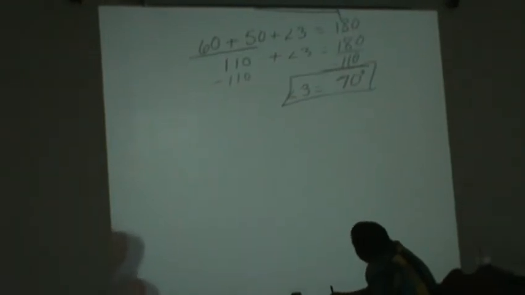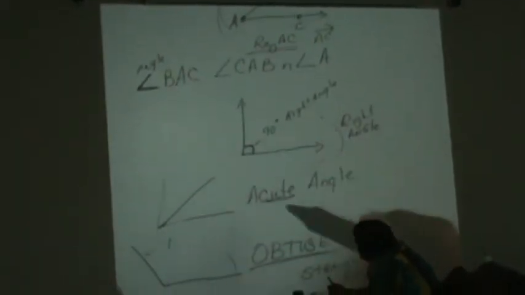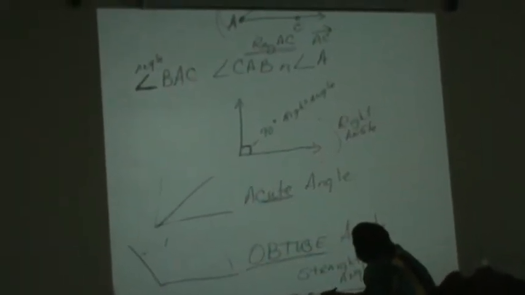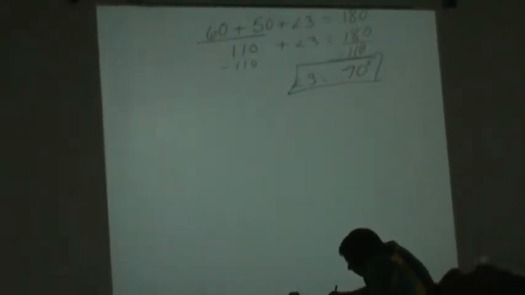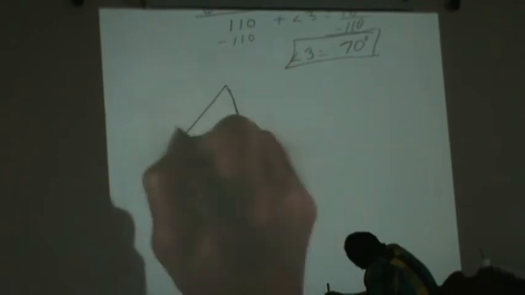There's another way to classify angles other than the ones that we said here: right angle, acute, obtuse, straight angle. Okay, not angles. There's a way to classify triangles, the same thing as we did on the angles. Let's say we have a triangle that's exactly the same on every side.